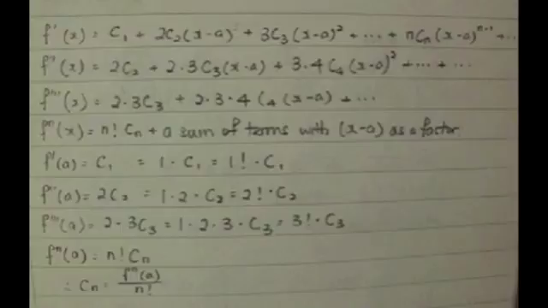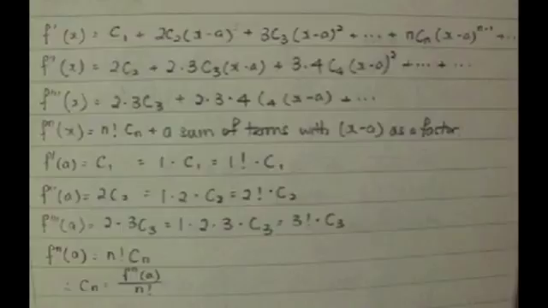You'll get 2C2 plus 2 times 3C3 (x minus a) plus 3 times 4C4 (x minus a) to the power of 2. Let's differentiate it again. So your f triple prime of x, you'll get 2 times 3C3 plus 2 times 3 times 4C4 (x minus a), and so on.